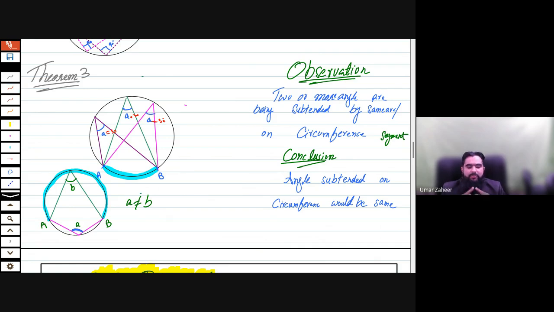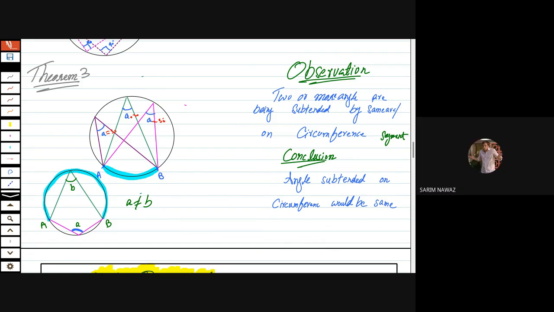So the subtended angle from the same segment is always equal. Clear? Yes, everyone, any question up to here? Yes, sir. All right.